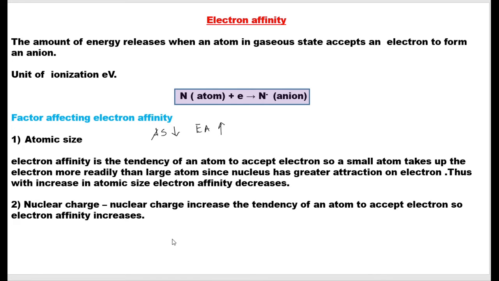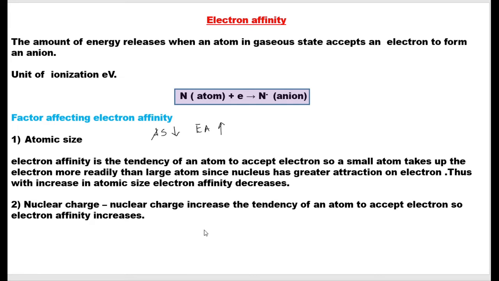Similarly, the second factor is the nuclear charge, which is just an extension of the atomic size factor. Why do I say that? When you are explaining the atomic size factor you need to introduce the concept of nuclear attraction. If you introduce the nuclear attraction concept, you are automatically dealing with the nuclear charge concept.